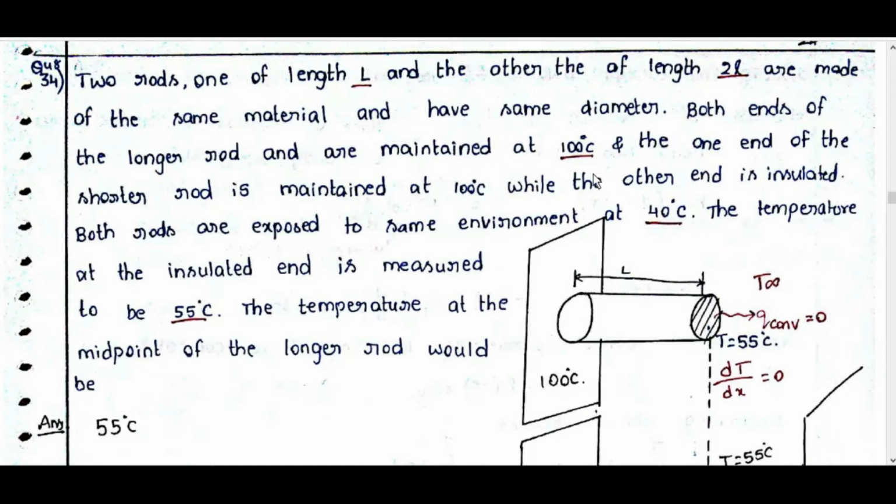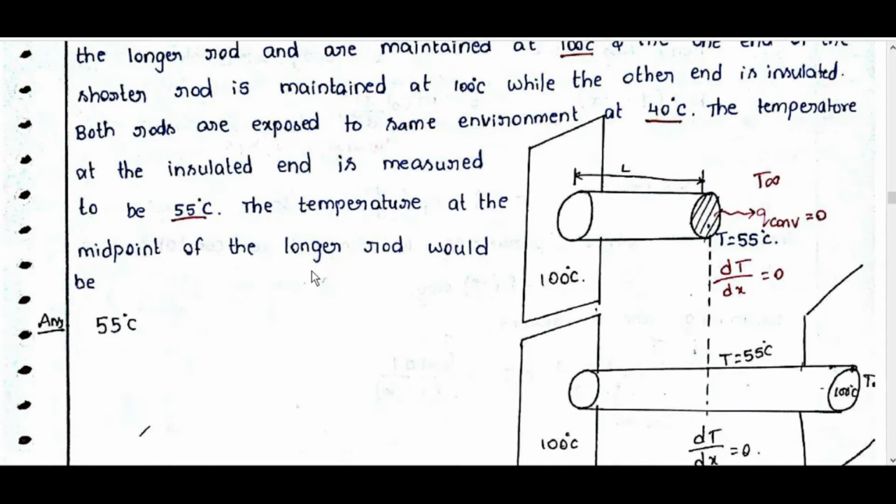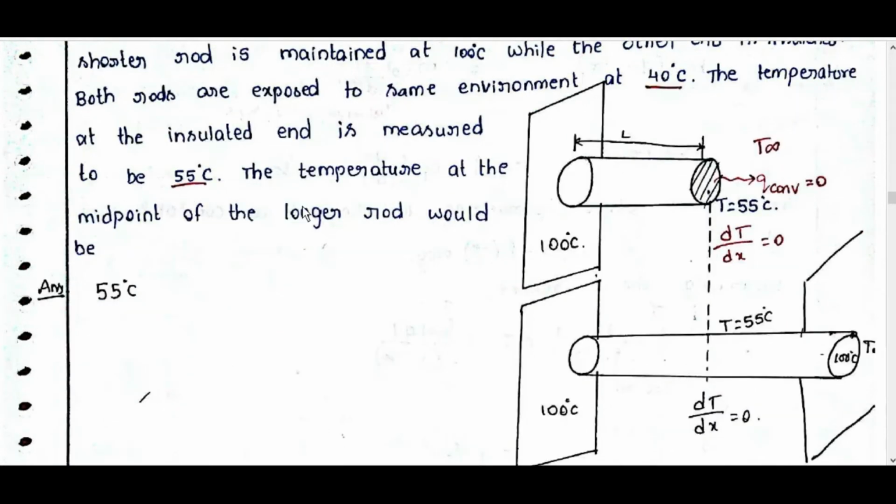Both ends of the longer rod are maintained at 100 degrees. One end of the short rod is also maintained at 100 degrees, while the other end is insulated. Both rods are exposed to the same environment at 40 degrees centigrade. The temperature at the insulated end is measured to be 55 degrees.